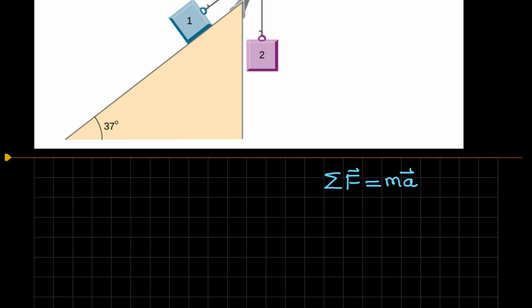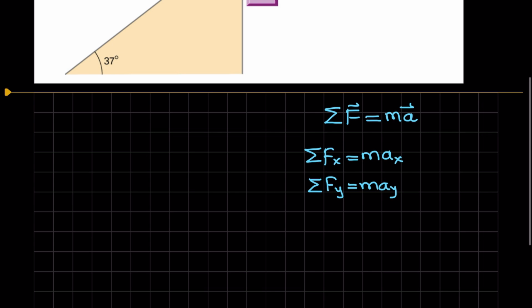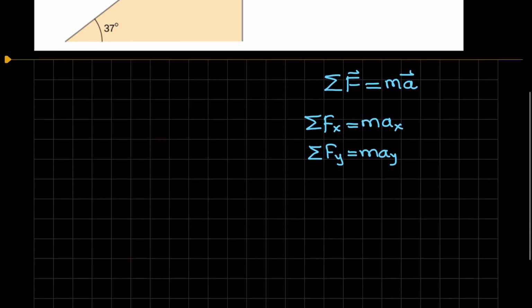And you know by now that even though we write this in this compact form, what we really mean is to sum forces in the x direction, set that equal to mass times acceleration in the x direction, and then we do the same thing for the y direction. Always good to start with the big idea. The big idea is to apply Newton's second law in the case of constant mass, F equals ma, to this situation. We should also think about drawing free body diagrams.